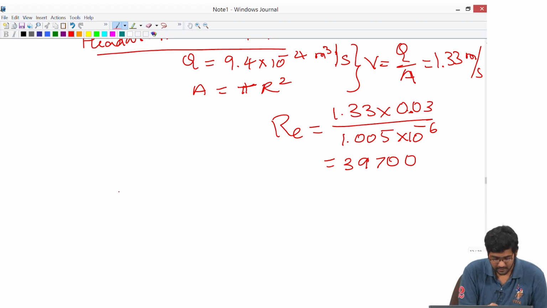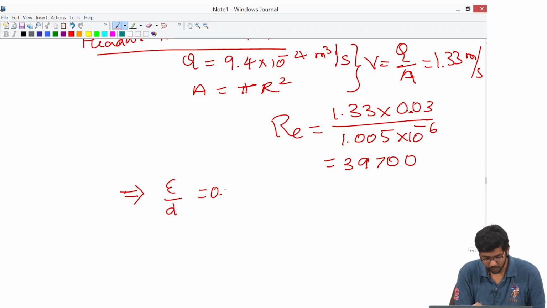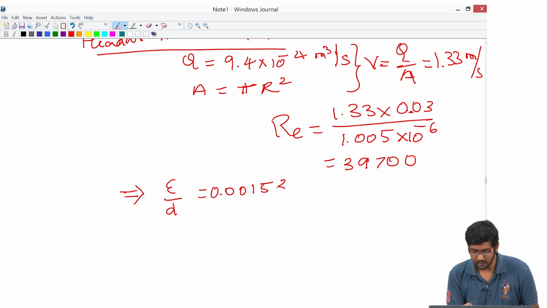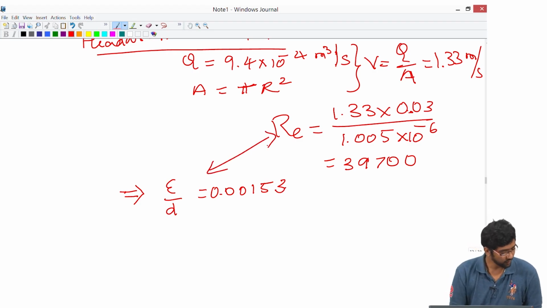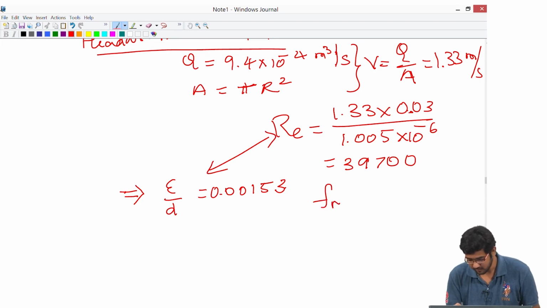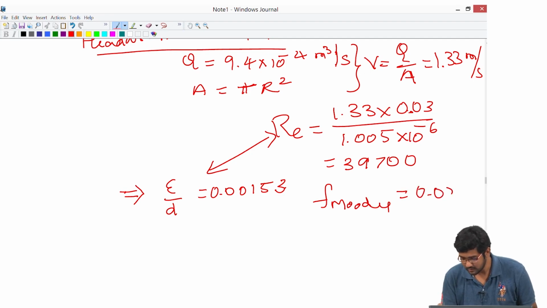For commercial steel, as they have mentioned, the pipe is made of commercial steel, and the epsilon by d value is 0.00153. One can use this epsilon by d value and the Reynolds number. Using both of these, one can calculate the friction factor from the Moody chart, which is 0.0261.